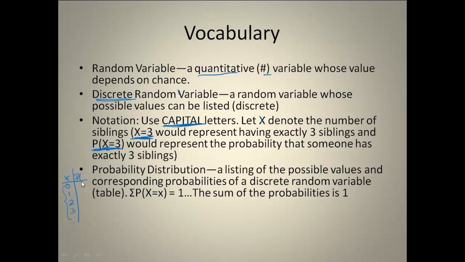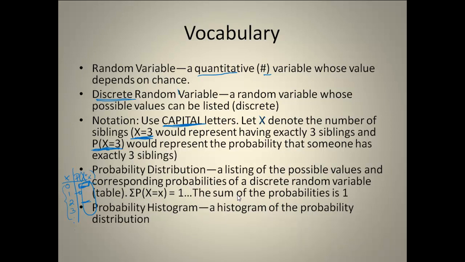Then our right-hand column would be the probability that capital X equals lowercase x. So in this blank right here would be the probability of having exactly 0 siblings, and then the probability of having 1 sibling and having 2 siblings. One thing to keep in mind is the sum of your probabilities is going to be equal to 1.